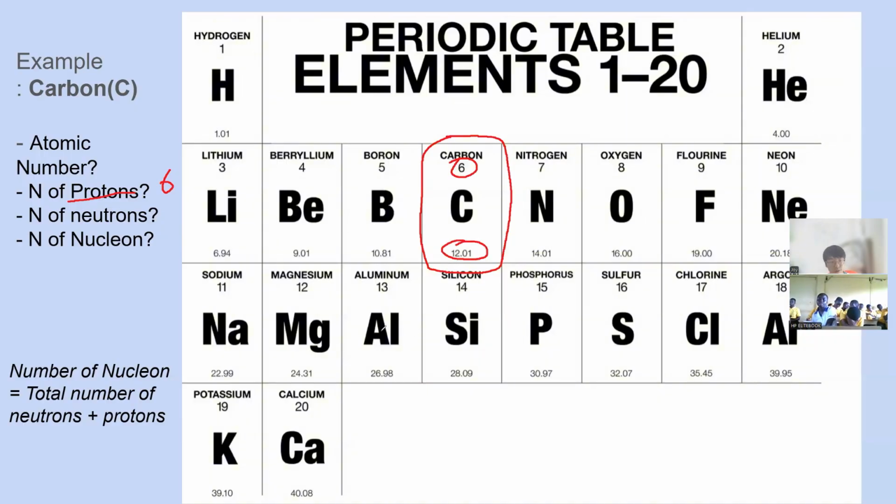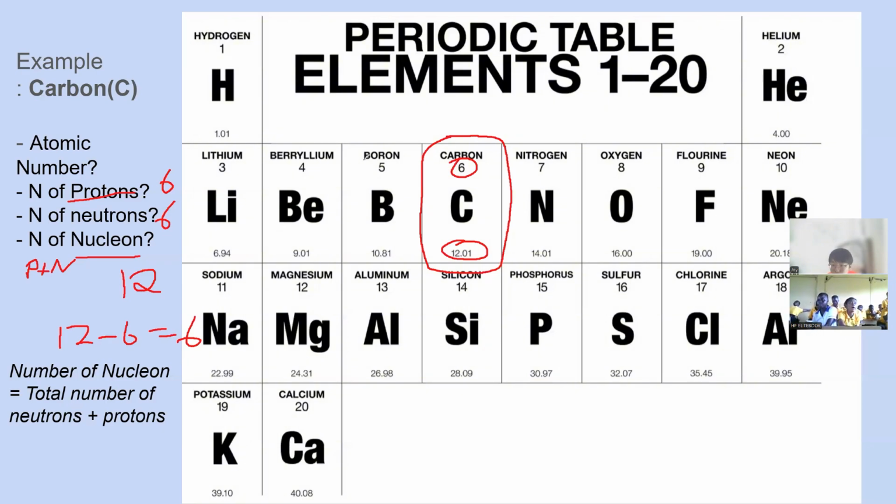Atomic mass is 12, near 12, so the nucleon number is also 12. And nucleon is proton plus neutron, so we can tell the number of neutrons from this. It's simply nucleon number minus the number of protons. So 12 minus 6, which is 6. So there are 6 neutrons. That is how you can tell the atomic number, the number of protons, neutrons, and nucleons in the periodic table.